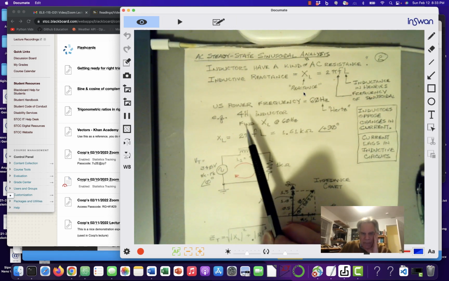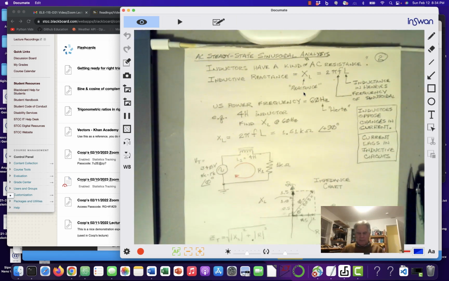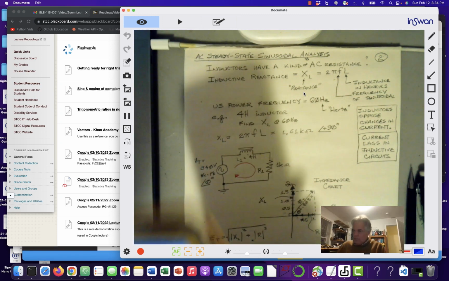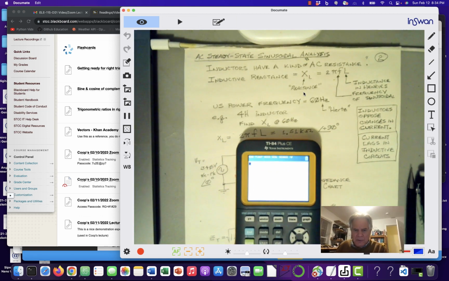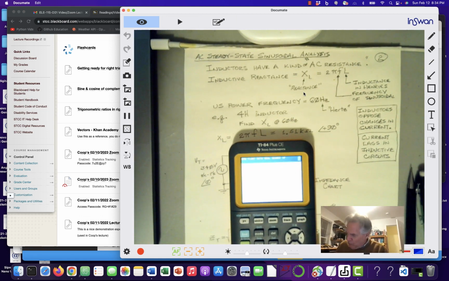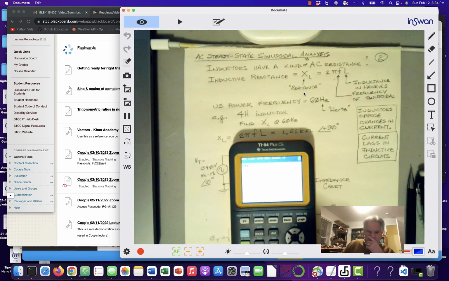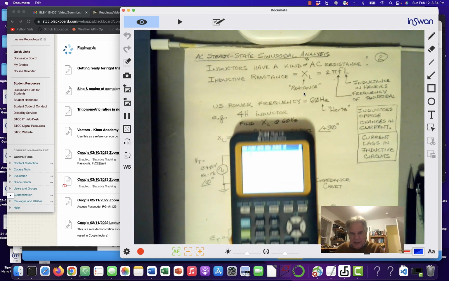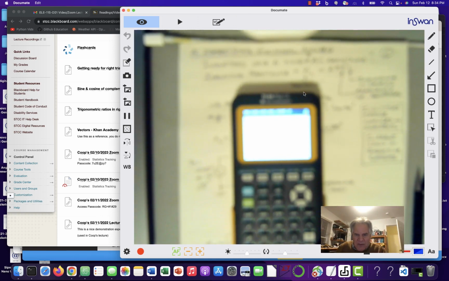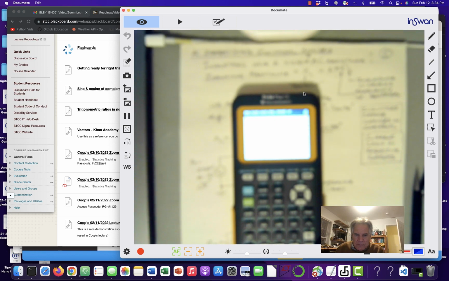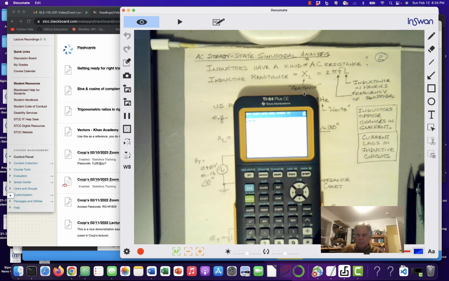So, a 4 henry inductor at 60 hertz. I have 2 times, and let me get my calculator out here, clear all that stuff. So what do we want to do? We want 2 times pi, which for me is a blue shift button, and that's not easy to see. Let's see if we can get a better focus on that. Oh, that's great.